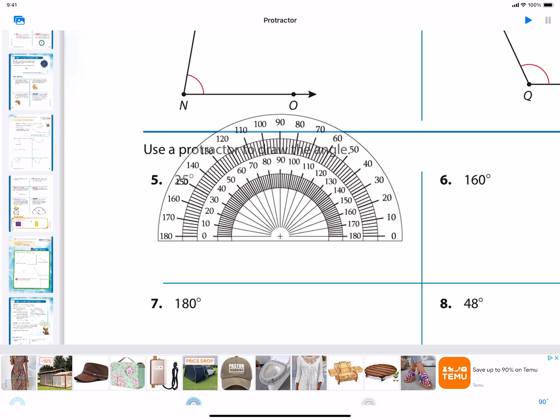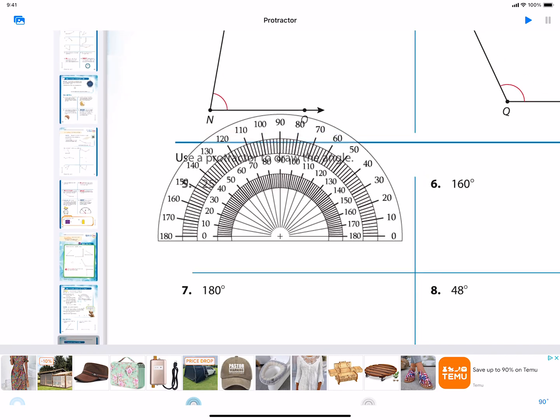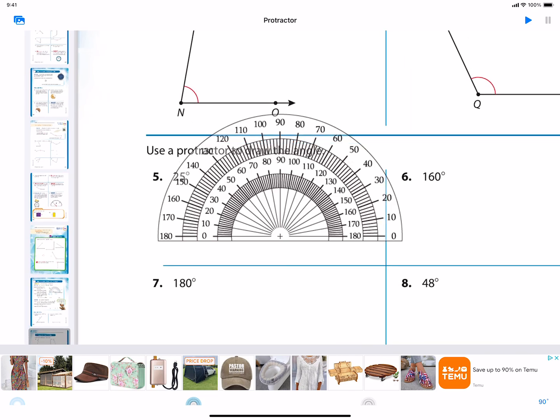Draw, you don't have to label it here because for numbers 5, 6, 7, 8, they didn't ask you to. So all I need to do is just draw this straight line, and then I have to pick the vertex.